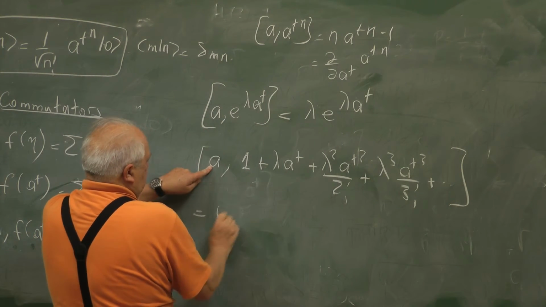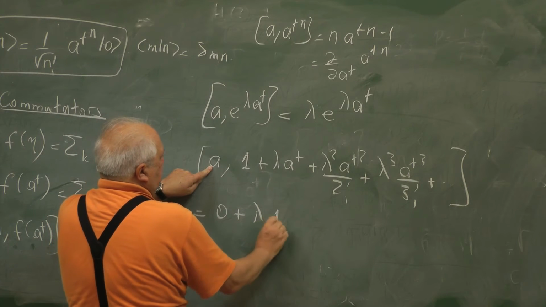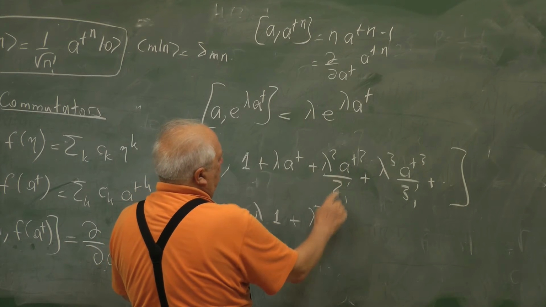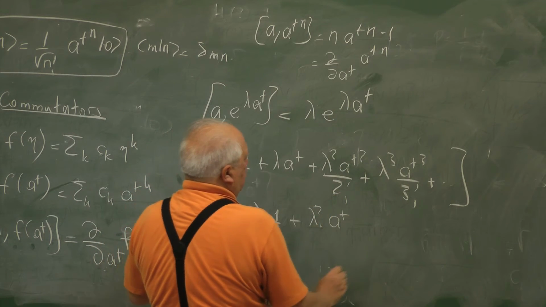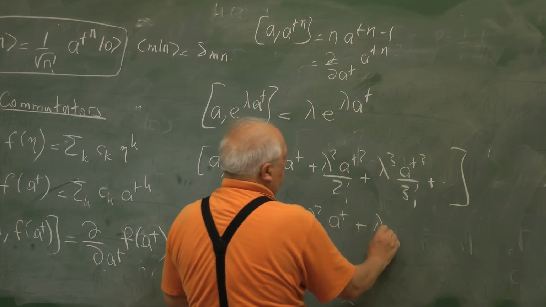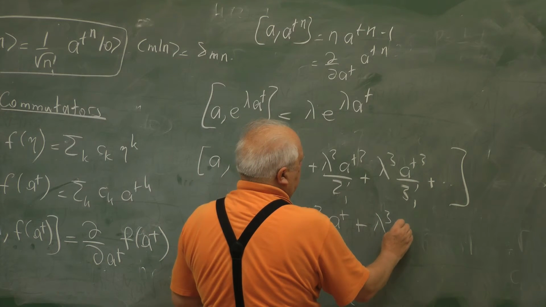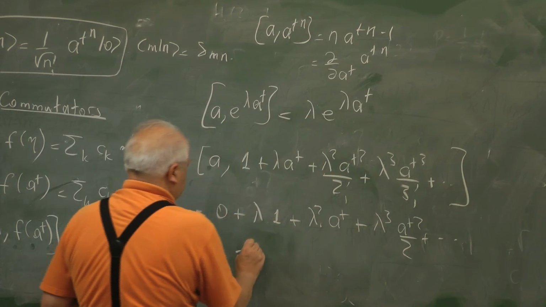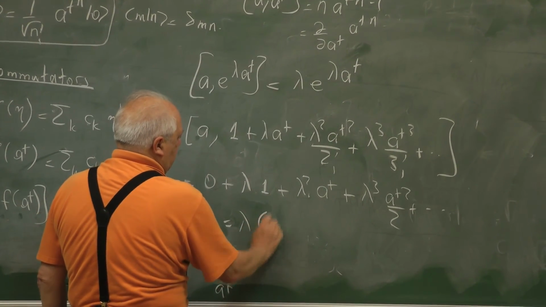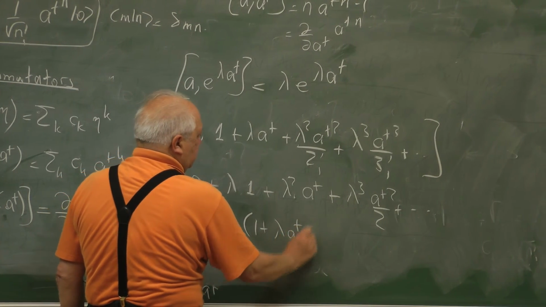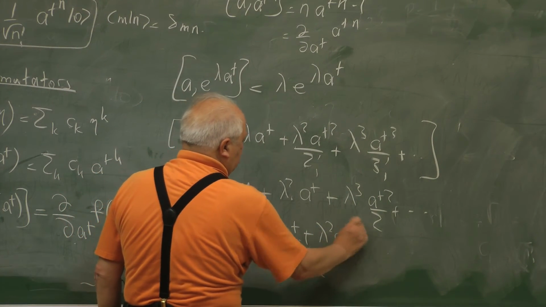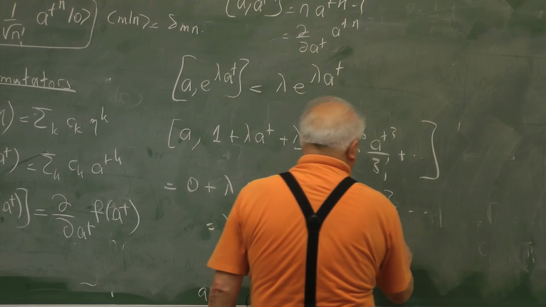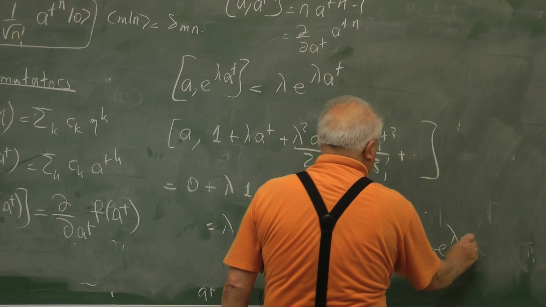The first term gives me 0, plus lambda times 1, plus lambda square times, this is 2a, so it is a dagger, plus lambda cubed times a dagger square over 2, etc. Now you see it is lambda times 1 plus lambda a dagger plus lambda square a dagger square over 2, etc. So it is lambda e to the lambda a dagger.